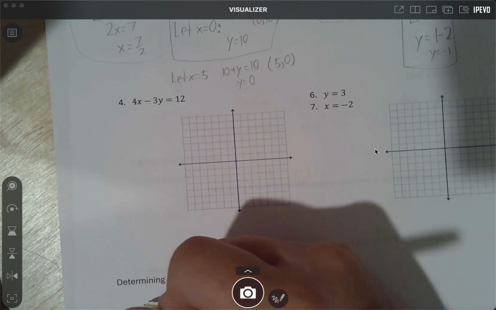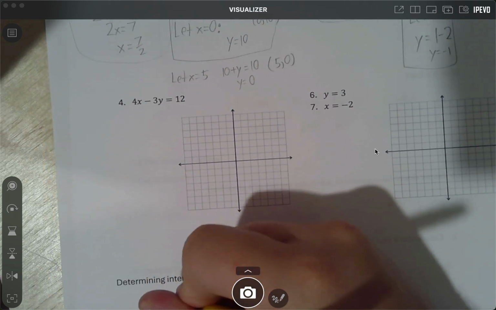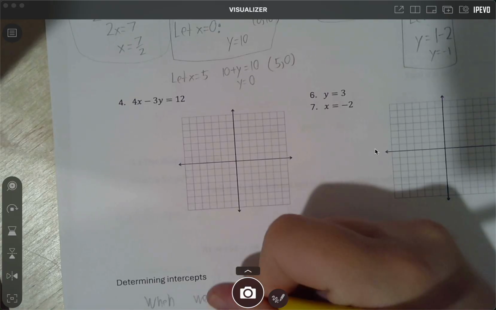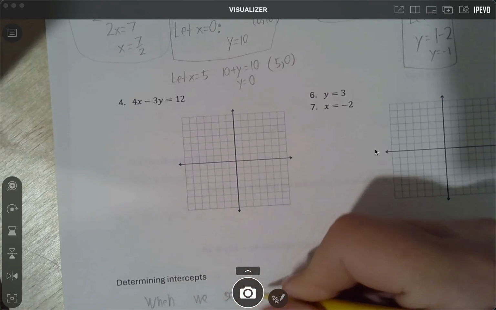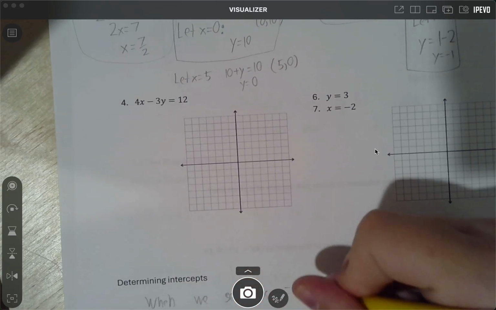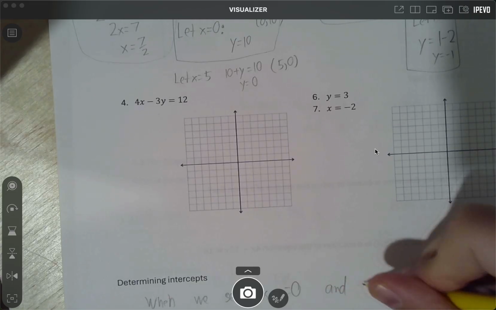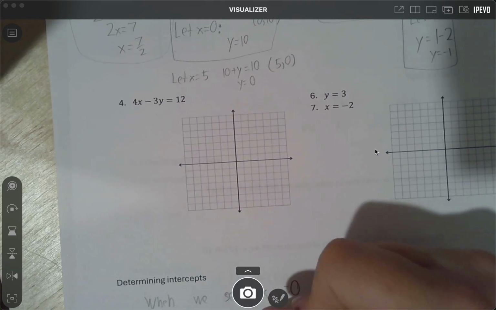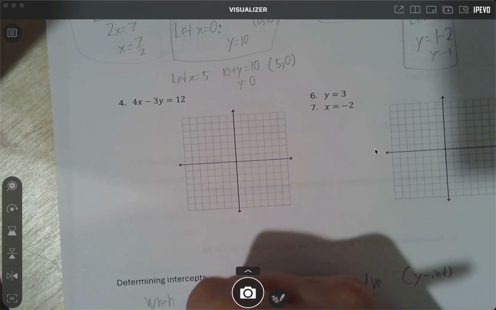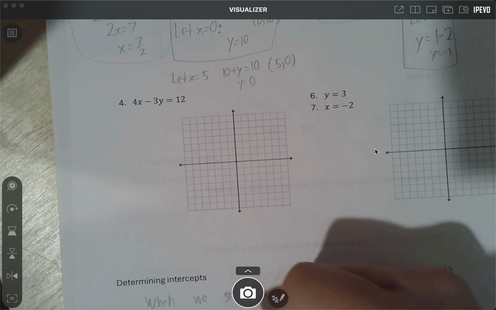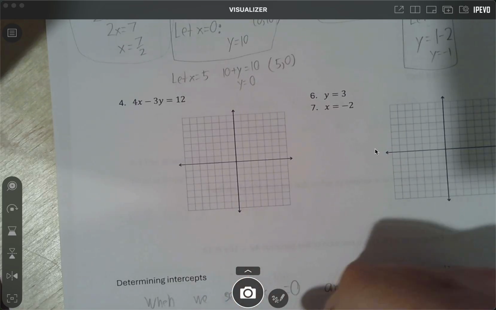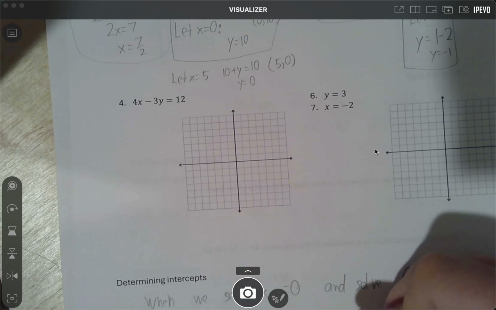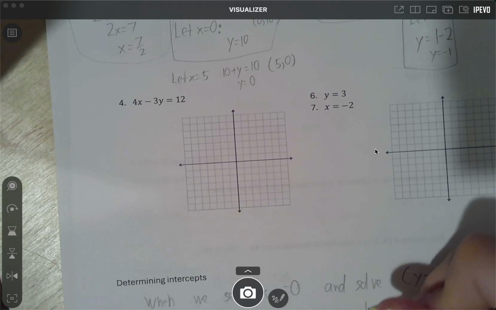Determining intercepts is when we set x equal to 0 and solve, spoiler alert, that's the y-intercept, and when we set y equal to 0 and solve.